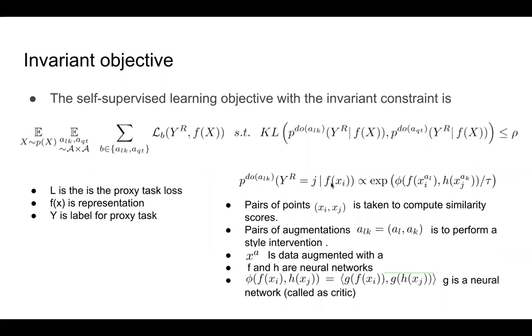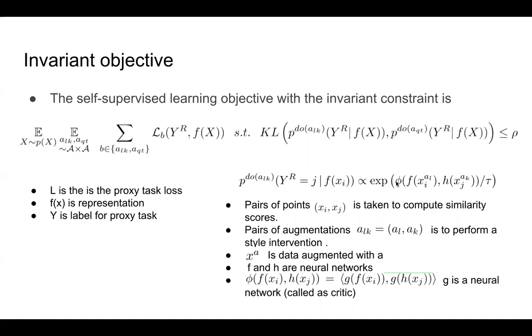Oh yeah, so here the task is, given xi, we want to predict whether the label is j. That means we have a pair of data points, and we measure whether i and j are the same image. Okay, but again, it should be under different augmentations and different styles. So here ALK is a pair of styles or a pair of data augmentations.